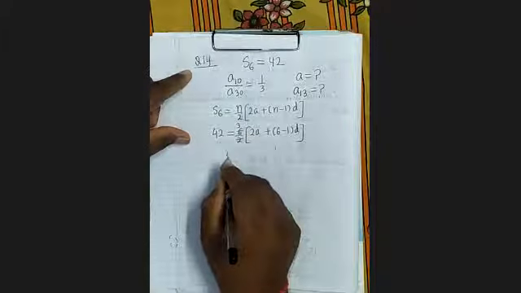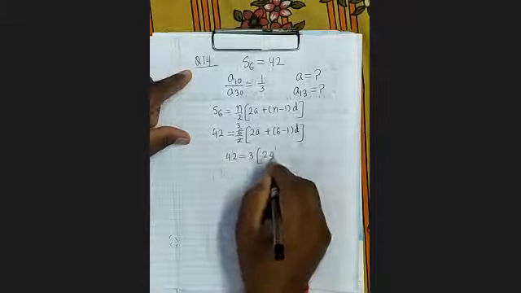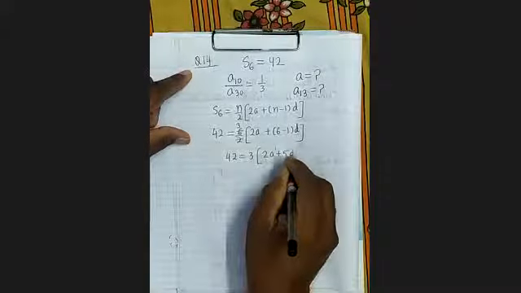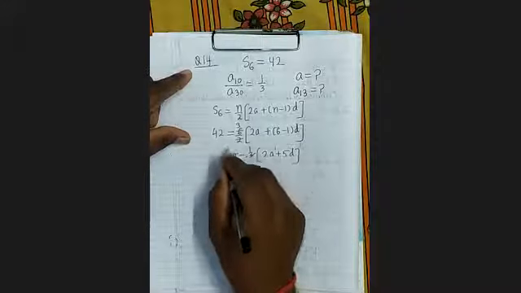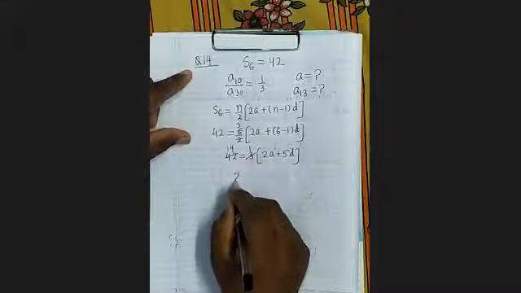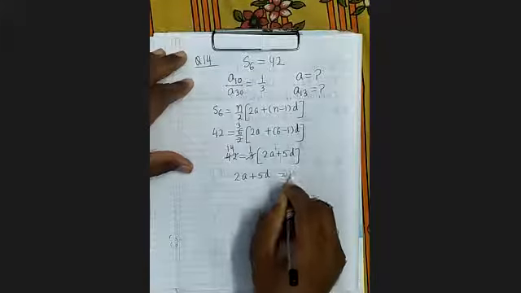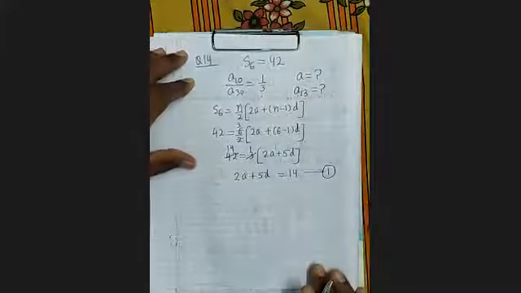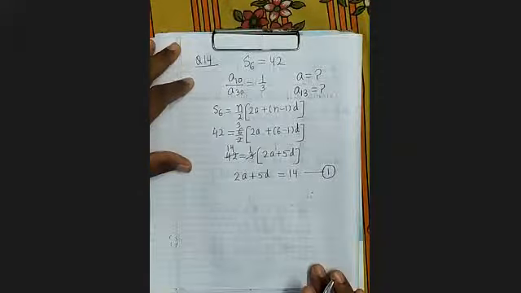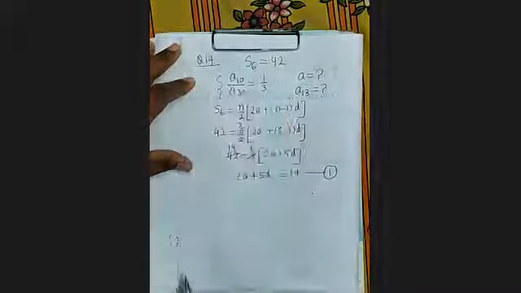So 42 equals to 3 into 2a plus 5d. So 3 1 ja and 3 14 ja. 2a plus 5d equals to 14. This is equation 1.